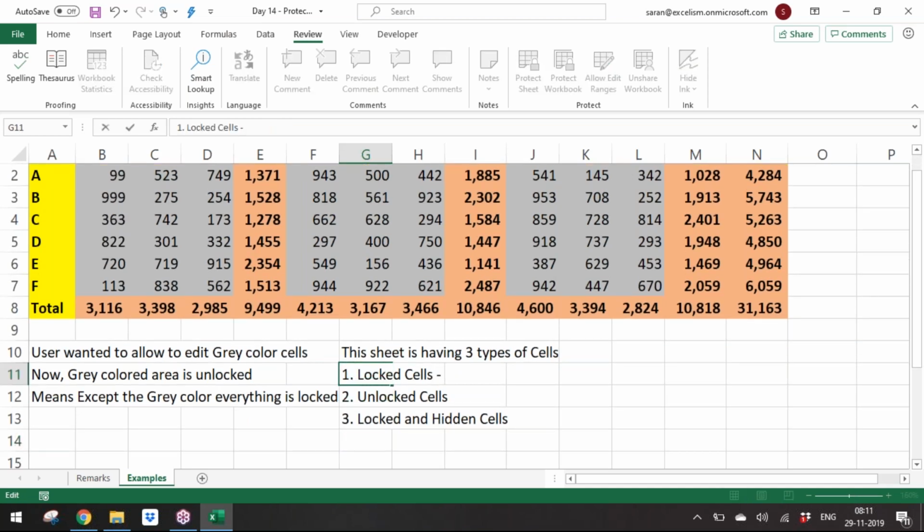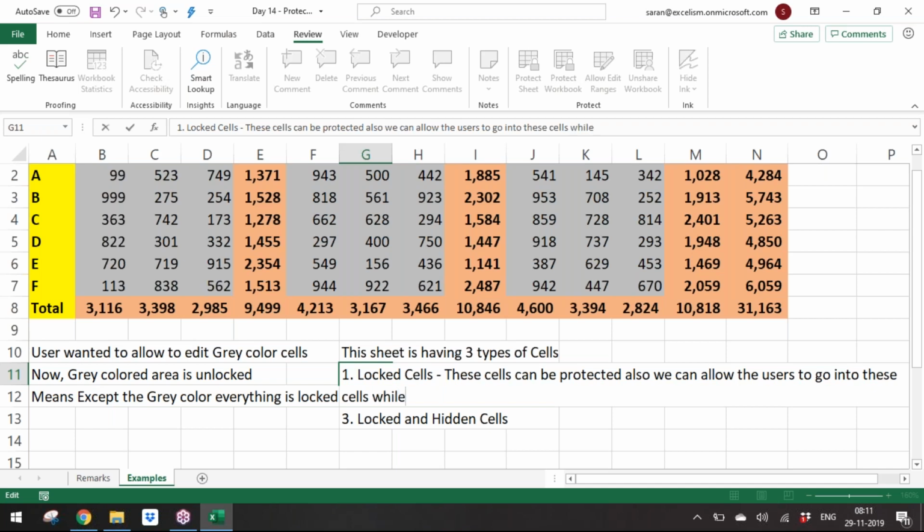Now let's write what happens. Locked cells. Okay, this becomes protected cells. These cells can be protected. Also, we can allow the users to go into these cells while in protection, but they cannot edit.